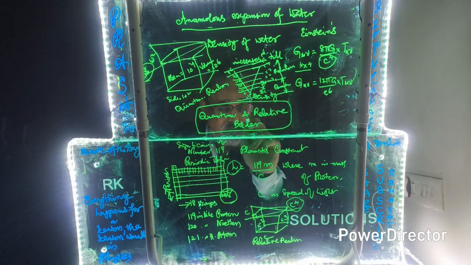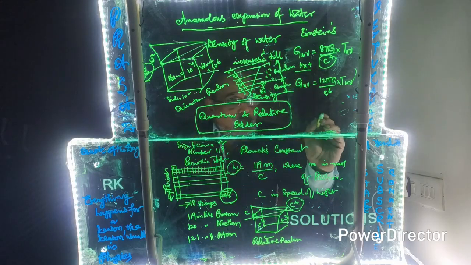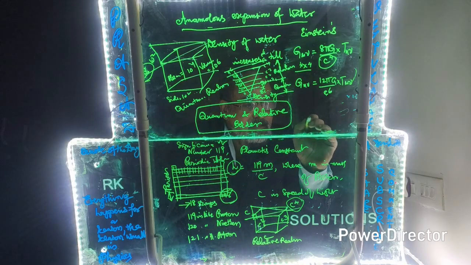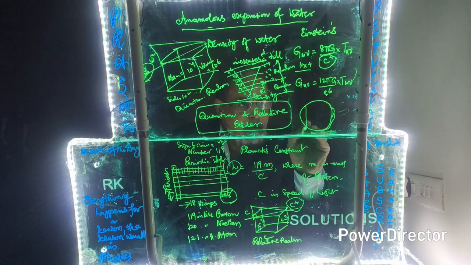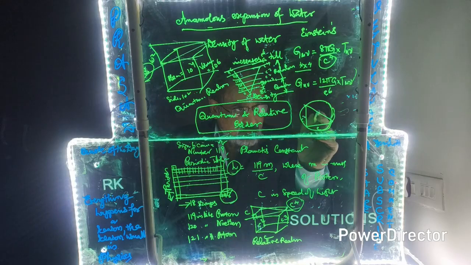The border of quantum and relative worlds is like c, c square, c cube.